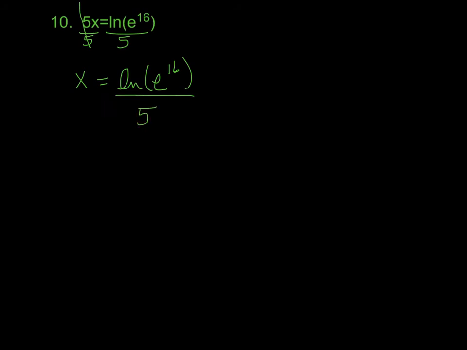Now let's remember that an ln and e cancel each other out. So that's going to disappear, which is really then just going to give us 16 over 5. Then throw that into your calculator, and that would be 3.2, which is choice 3.